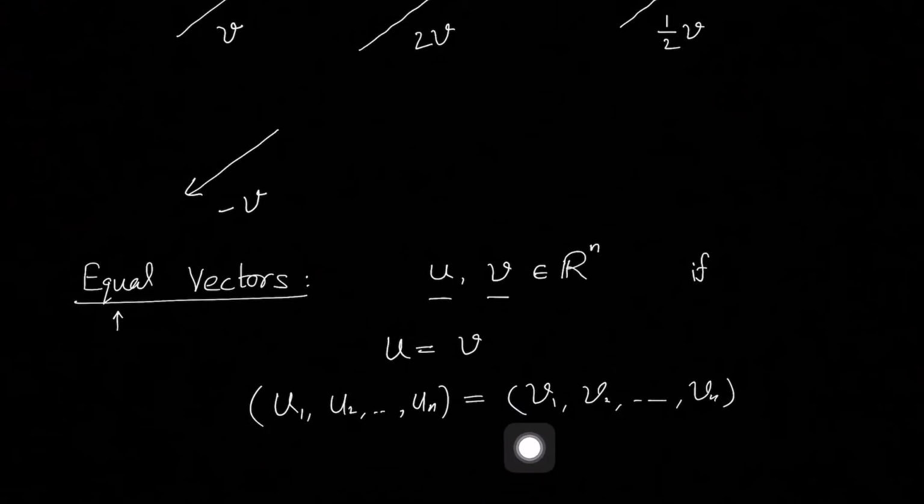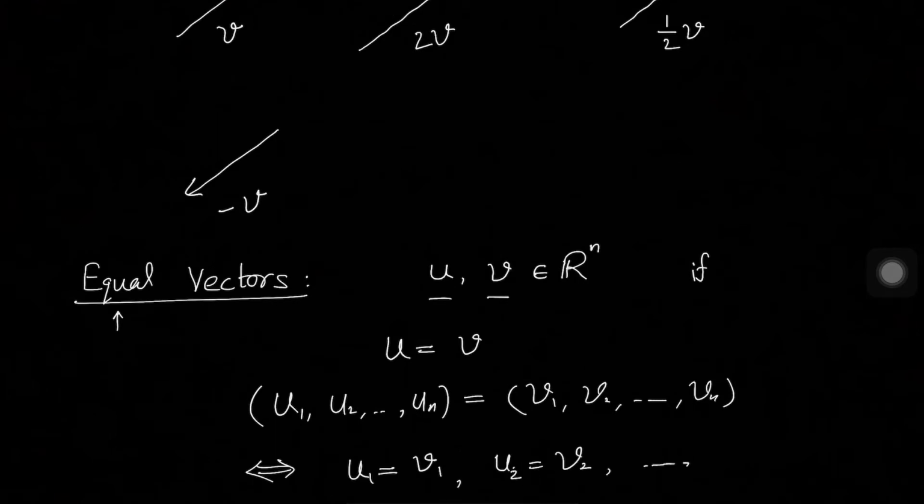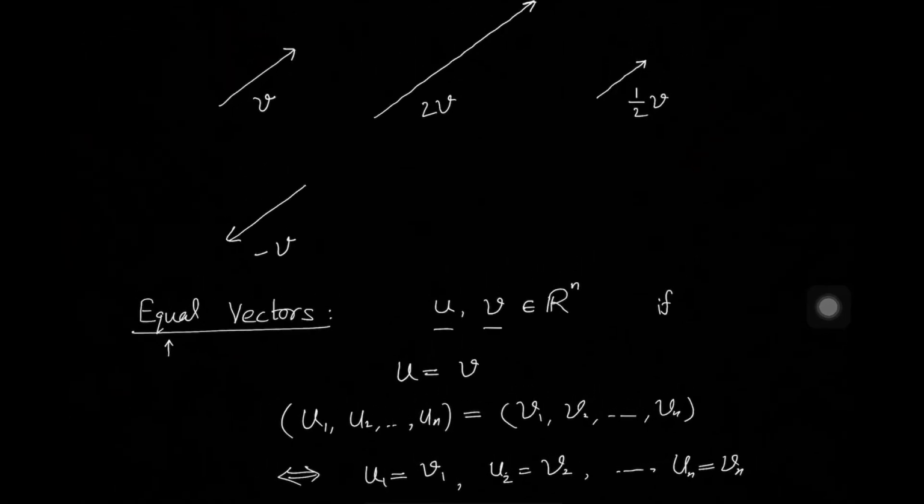That means u1 is same as v1, u2 is same as v2, un is same as vn. So first component of u must be equal to the first component of v. So this is the definition of equal vectors.